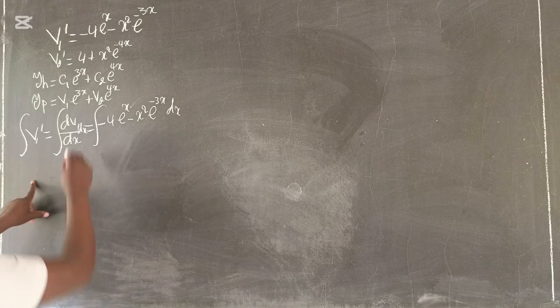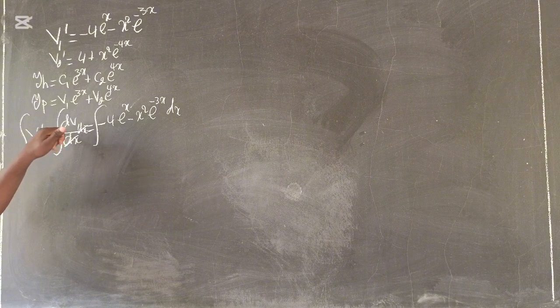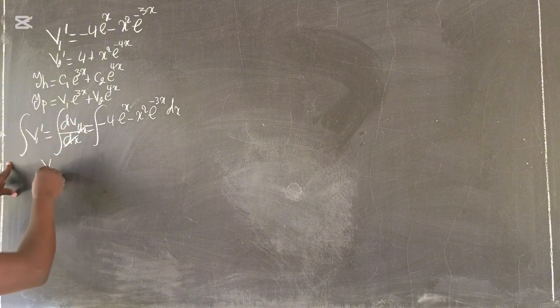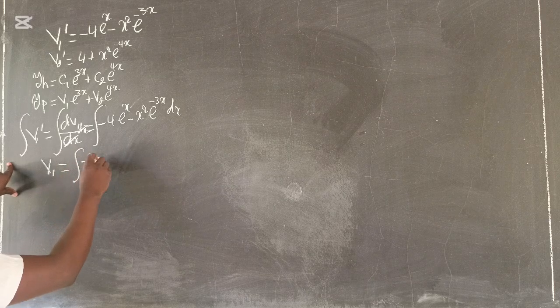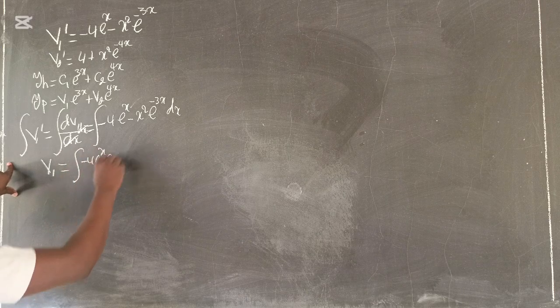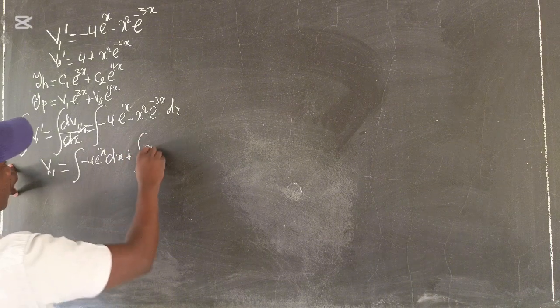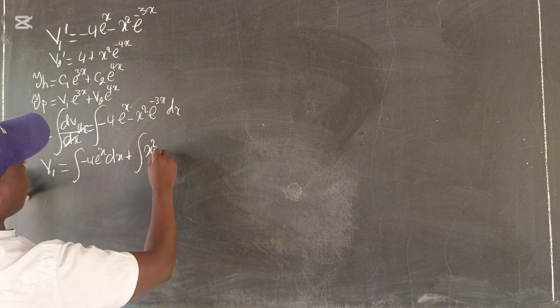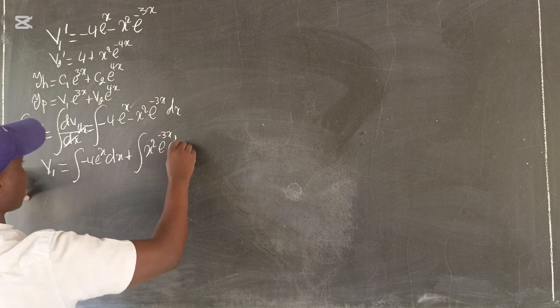We have this and this will be simplifying one another. We said that the integral of this derivative, which is v1, is equal to the integral of minus 4 exponential of x dx plus the integral of x squared times exponential of negative 3x dx.